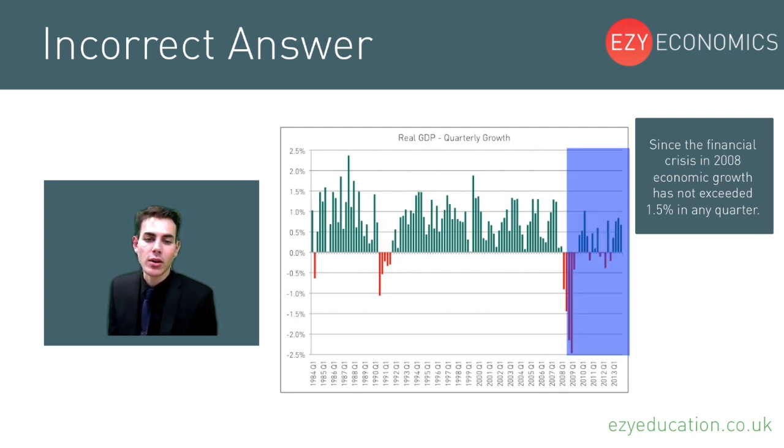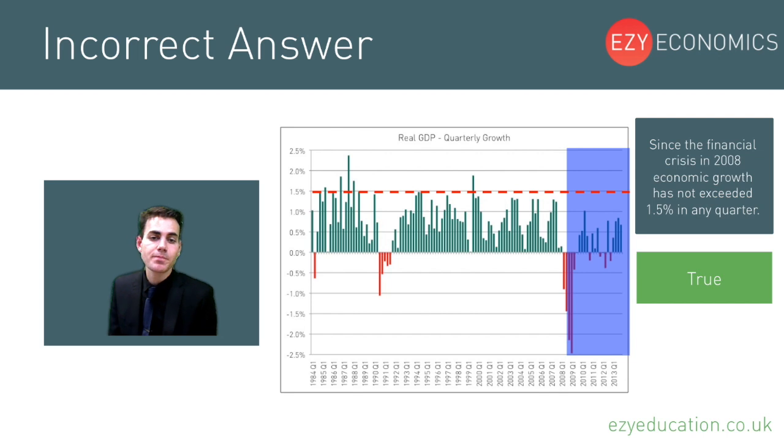Well, if we look at the period since 2008, we can see that if we draw a threshold in which there is 1.5%, which is what the question is contesting us on, there is not any period that has gone above a 1.5% economic growth level in any quarter, and therefore that seems to mean that the statement is correct, because the data in the chart backs up that no quarter since the financial crisis in 2008 has seen an economic growth rate above 1.5%.